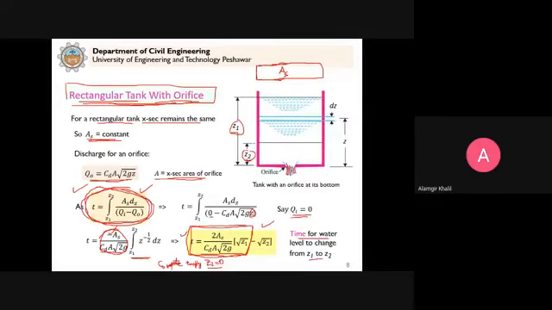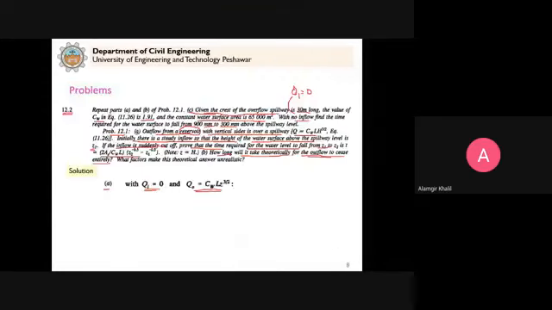Now in this formula Q_I is 0, so we write A_S dZ divided by 0 minus C_W L Z^(3/2). Now just evaluate this integral, and you will get this formula for the time for water level to change from Z1 to Z2. So this is part A of the question.